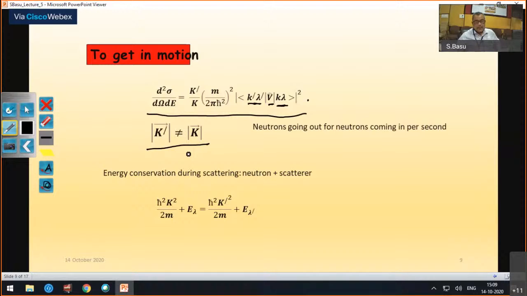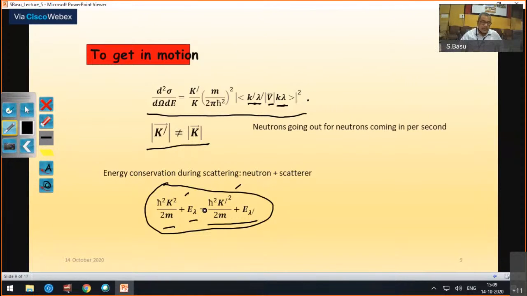So here I need to bring in the energy conservation of the neutron and the scattering system, and that comes in through this equation. This is a non-relativistic energy conservation equation, where the system energy and the neutron energy together remain the same before and after the scattering.